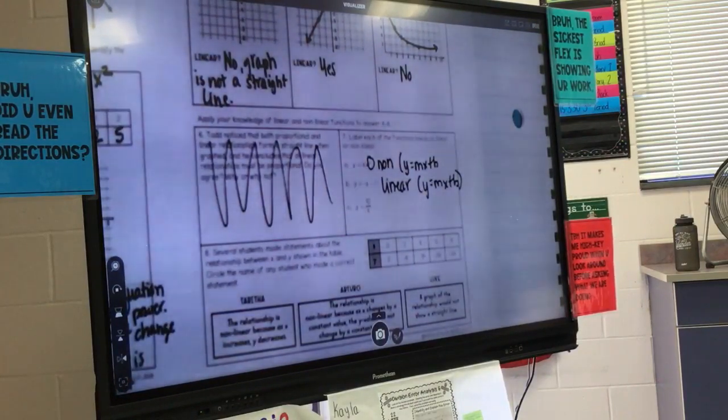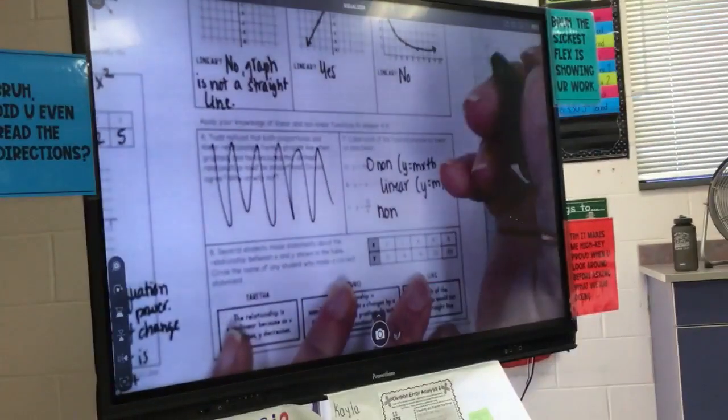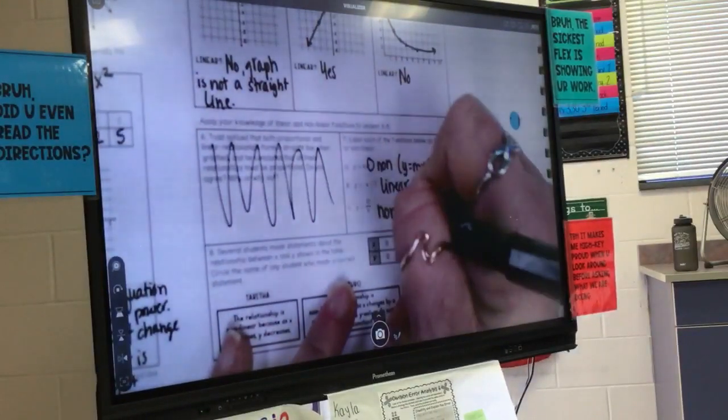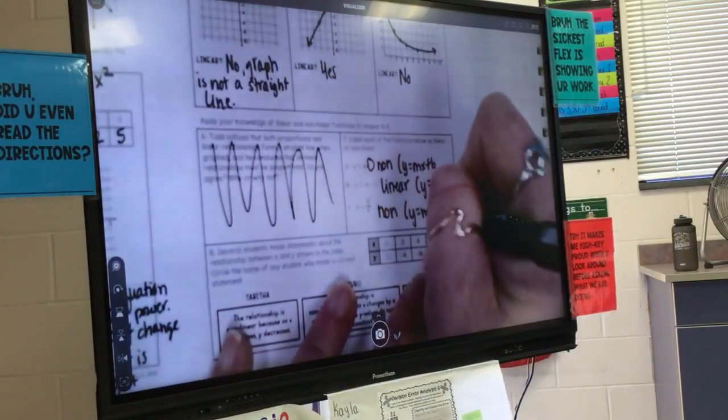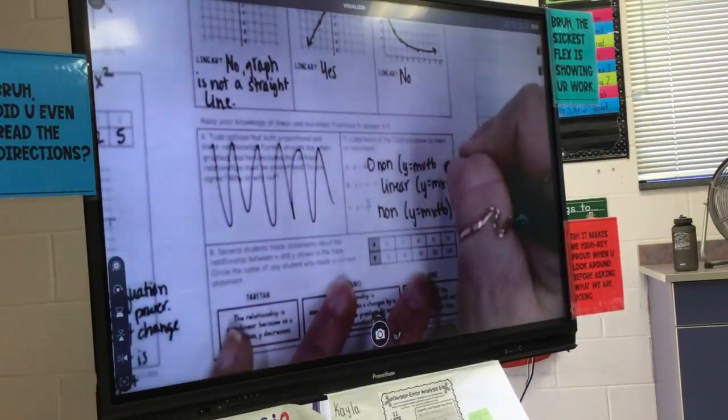It's negative 1x, right? So it follows that pattern. And then the last one, y equals 10 divided by x. Stand up if you said yes. All right, so then this is non. Raise your hand and tell me why. Audrey? So that's division, and we said to the second power.